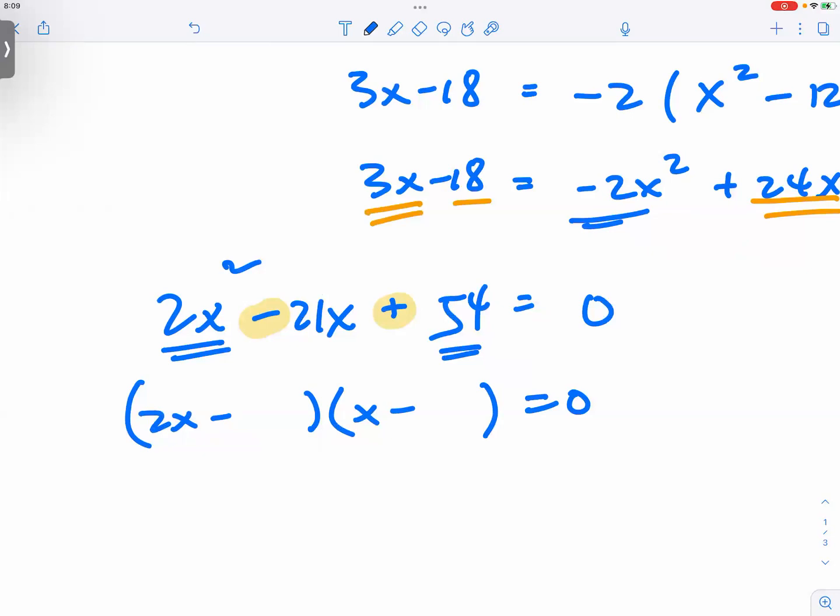And when you do the inside and outside, it will get minus 21x. Minus what? 18 and 3. Now, 18 and 3 would work if there's no 2 in the front. Okay, but since there's a 2, 18 and 3 would not be a viable combination.